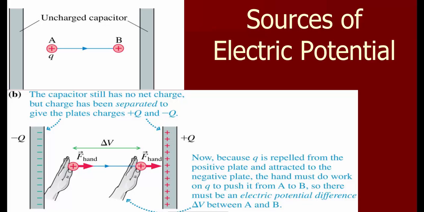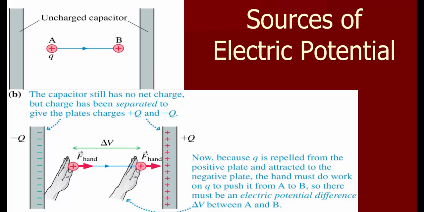But when we charge up our capacitor, so we have negative on this side and positive on that side, you can apply force to this charge to move it in this direction, because it doesn't want to move closer to the positive charges, okay? Because this charge is repelled from the positive plate and attracted to the negative, the hand must do work, right? So in this case, there must be a potential difference, delta V, when you go from here to there. Does that make sense?